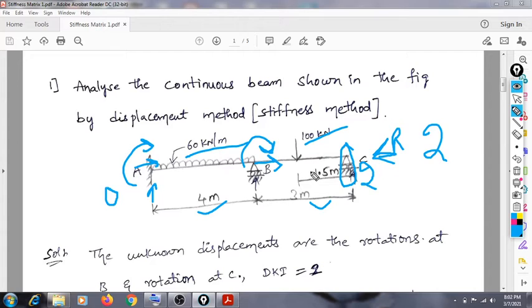So the degrees of freedom along the horizontal at B and C are neglected, and only the degrees of freedom for rotation at B and C, and movement at B and C are considered. That's it. So the degree of kinematic indeterminacy, DKI, is 2. So the matrix will be a 2 by 2 matrix.